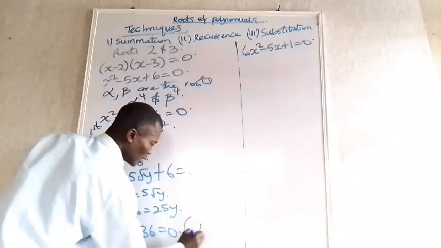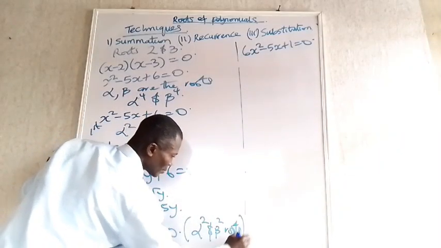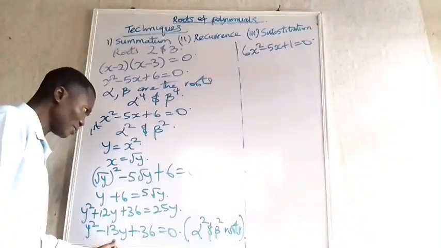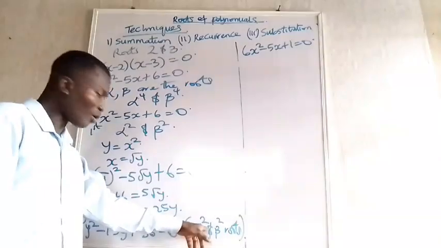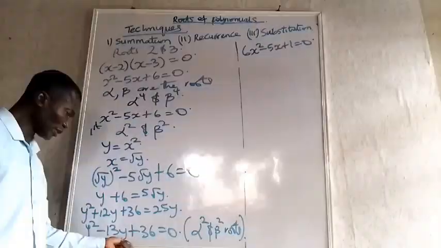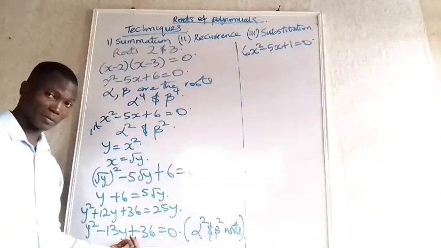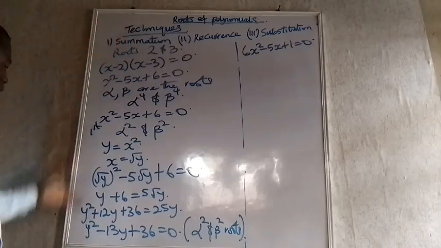So this is the equation with alpha squared and beta squared as roots. From here now, I can easily get the value of the squares of alpha squared and beta squared. Mind you, the roots of this equation are alpha squared and beta squared. So I have gotten this by using substitution.